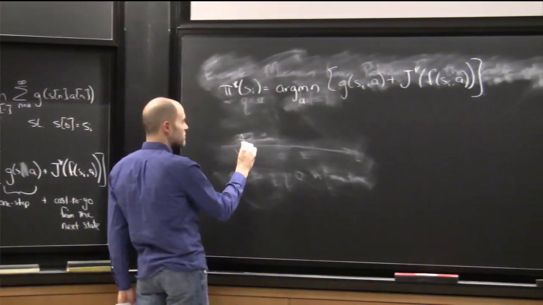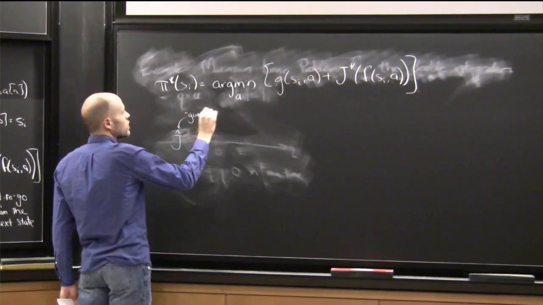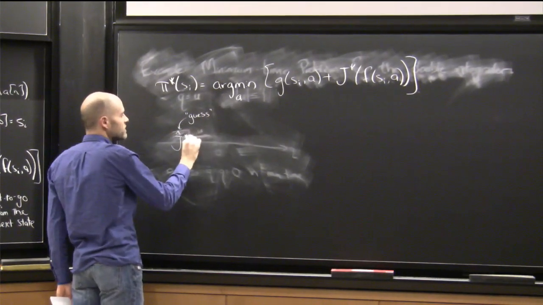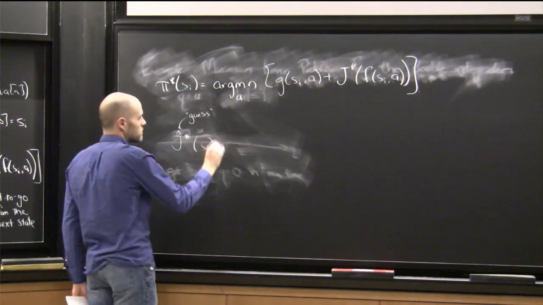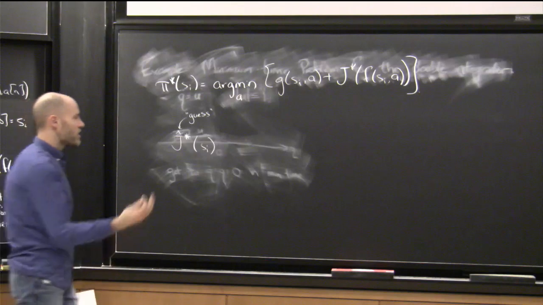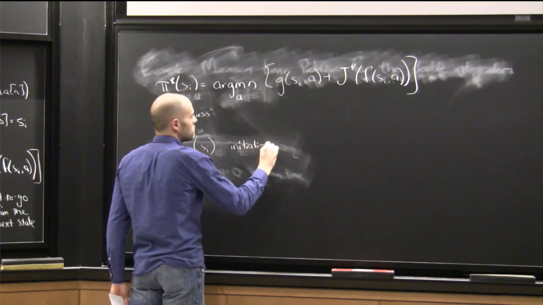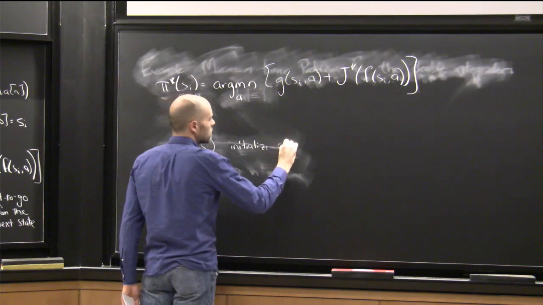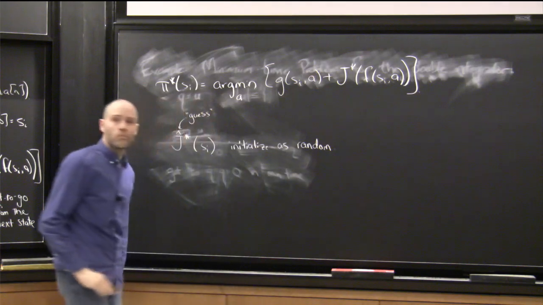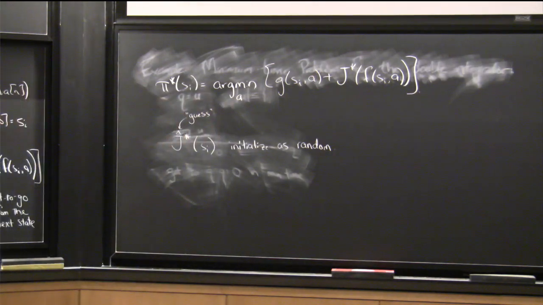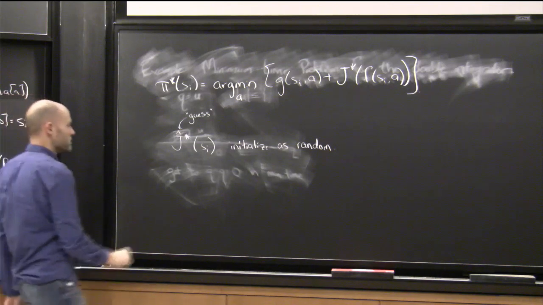Hat is my shorthand for guess, or approximation. I'm trying to approximate the optimal J. Let's say I'll just initialize it with random numbers or zeros, you pick, okay? And then I'm going to apply this equation as an update.